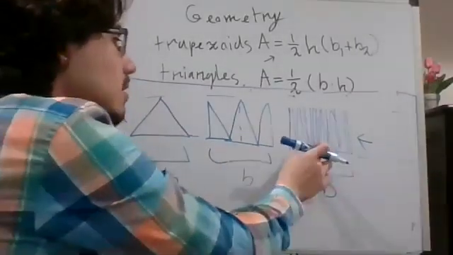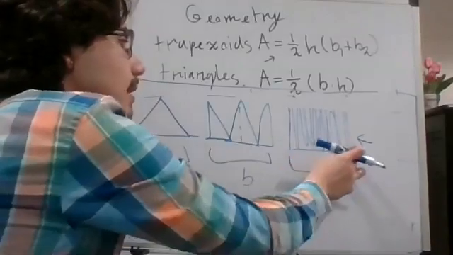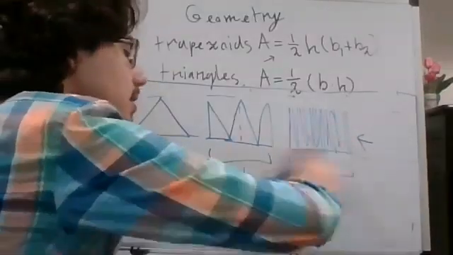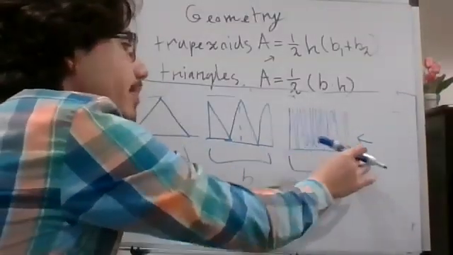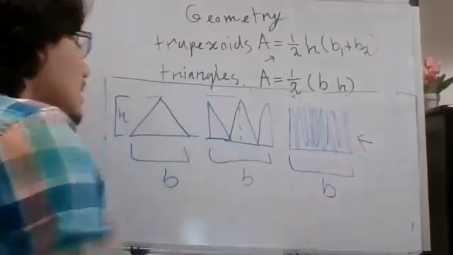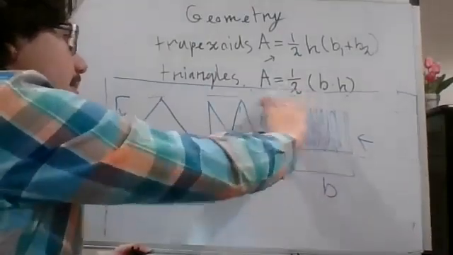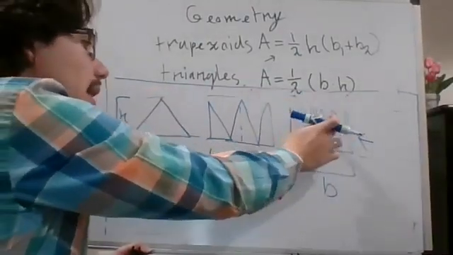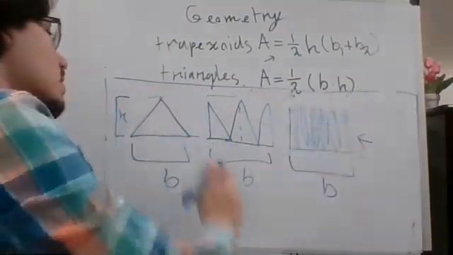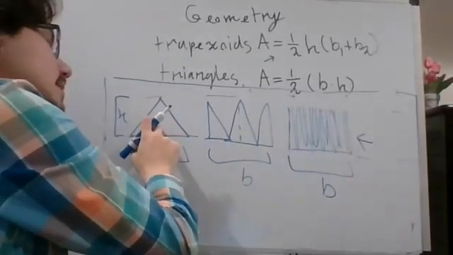So long as all of the bases of, let's say that this is tons of triangles, add up to be one base, and they all have the same heights, then the total area of all these triangles together will equal the area of this.